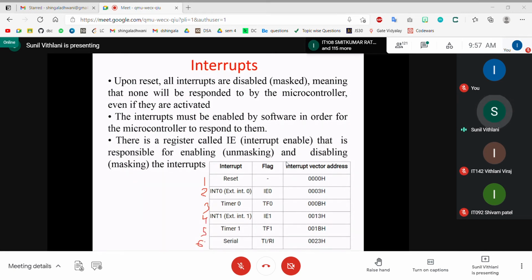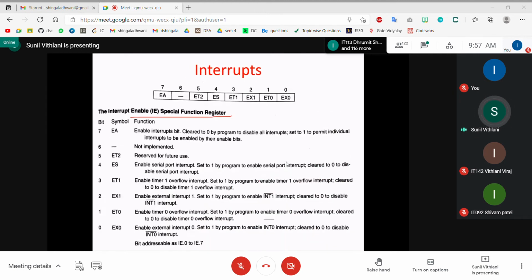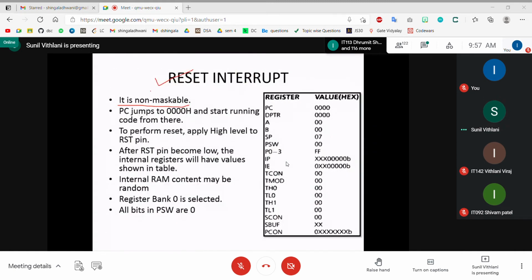Out of the 6 interrupts, reset is non-maskable, and the rest are maskable, which you can disable. But reset we cannot avoid. So reset is a non-maskable interrupt.